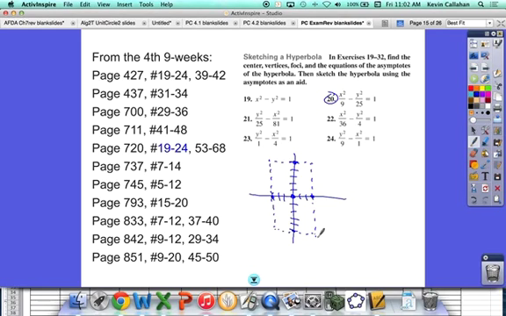So that we can sketch in the diagonals of the box, and the diagonals are the asymptotes, right? So we know that this is a vertex, which means that the hyperbola starts there, and then it would veer off and approach the asymptotes without ever touching. Done.